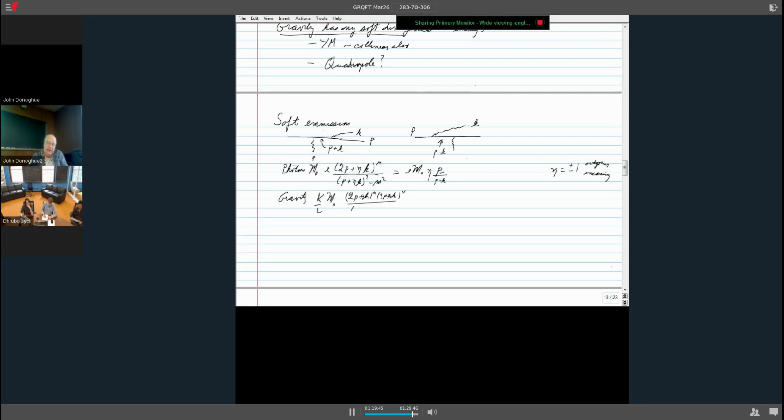What's downstairs is P plus eta K squared minus M squared. And since K is very small, we're just going to write M0 out in front. M0 is whatever that is. And eta is plus or minus 1, depending on plus 1 outgoing, minus 1 incoming.